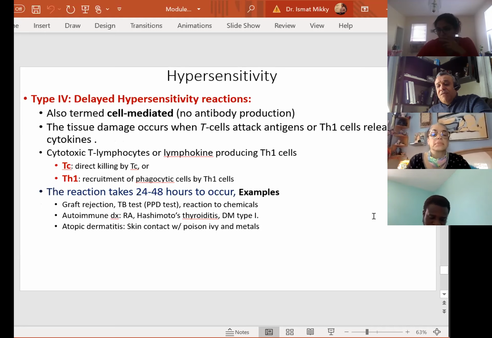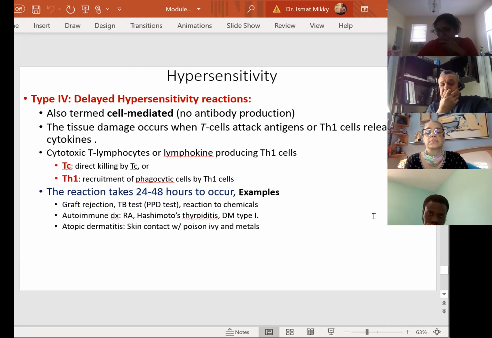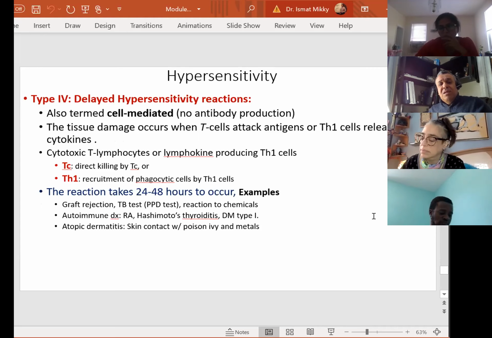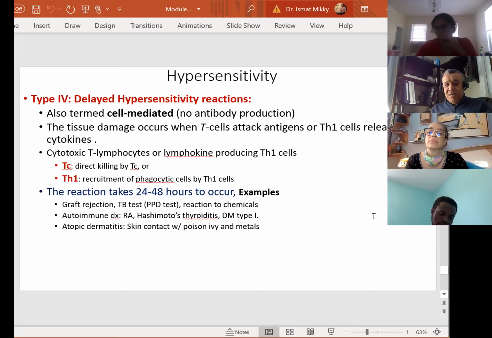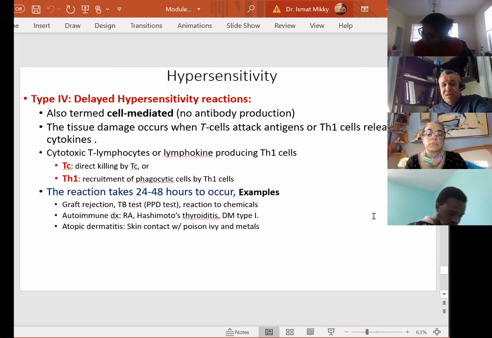And then the last one, which is type 4, which is the delayed reaction. And an example of that would be the graft or transplanted graft rejection. The PPD test, another one. Hashimoto's thyroiditis. Poison ivy is also a delayed reaction.